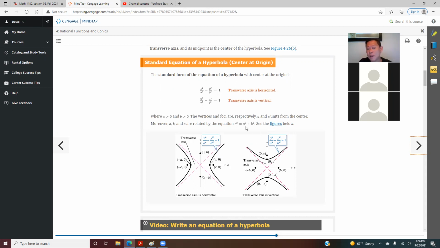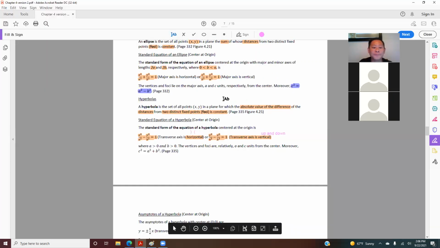Now, in order for you guys to find out what C is in this case, we have a formula. To find the distance from the center to the foci, the formula is C squared equals A squared plus B squared. It's a little bit different from the ellipse, because for the ellipse it is C squared equals A squared minus B squared.